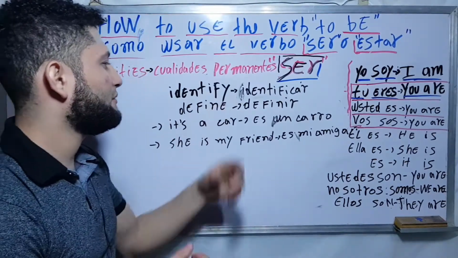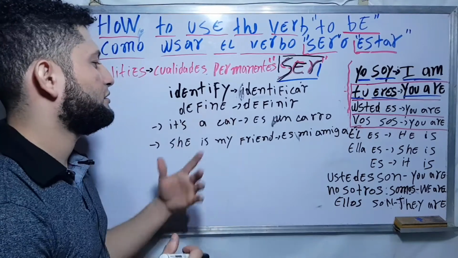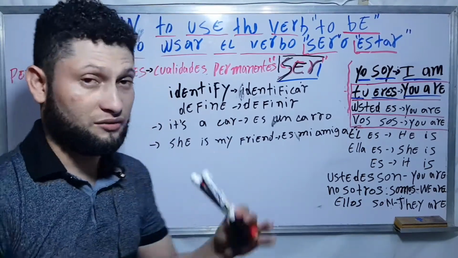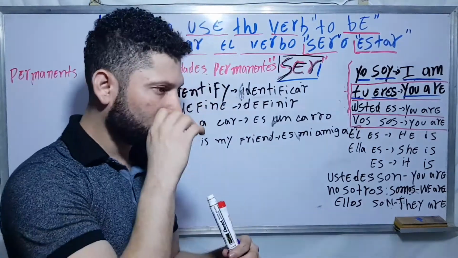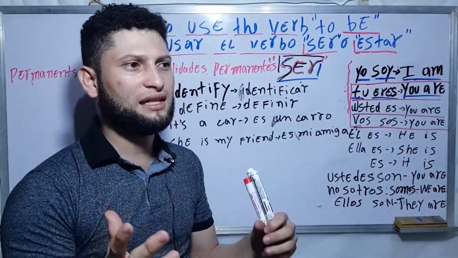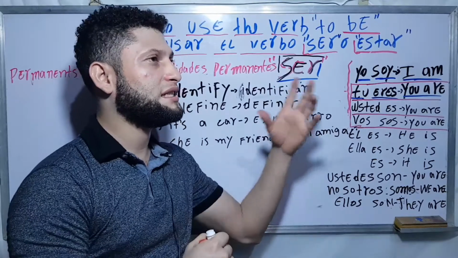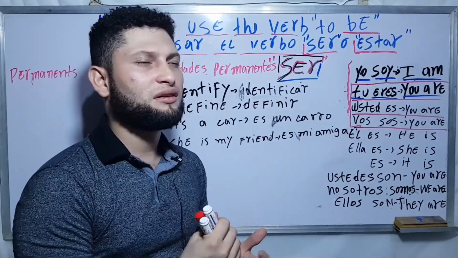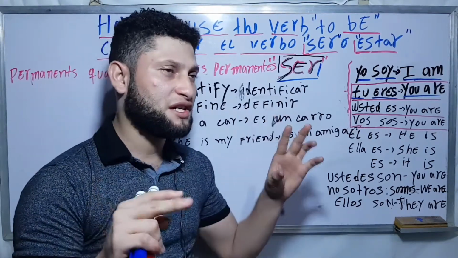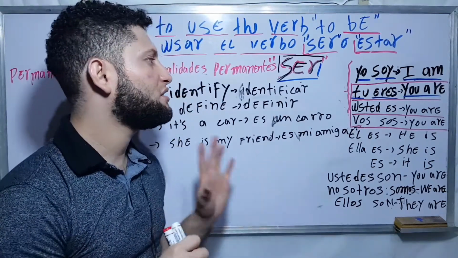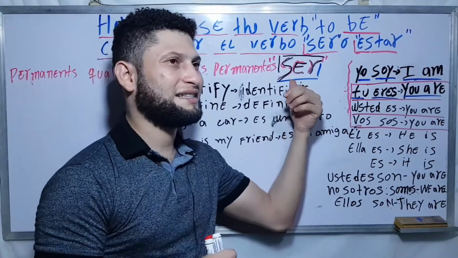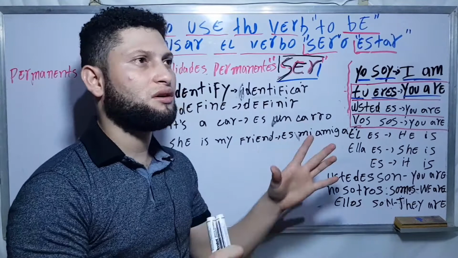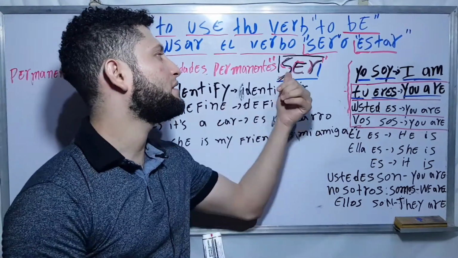Okay, to define: it's a car, it's a girl, it's a marker. Something really important I would like to mention: if you ask what is it, with the double question, you will always use the verb ser.